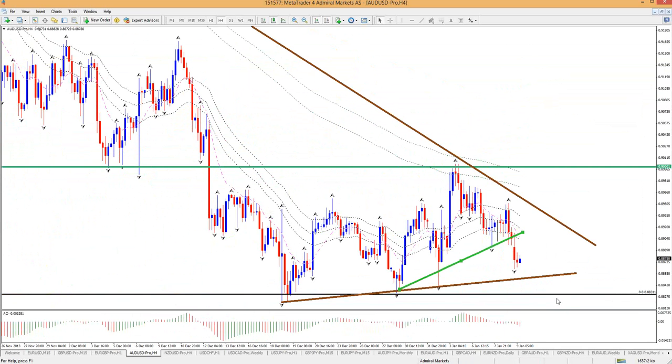From the 4-hourly perspective, this brown line is a bottom line that's very important, just like the support for the Aussie and a downside continuation.